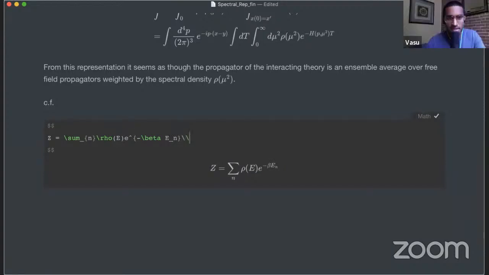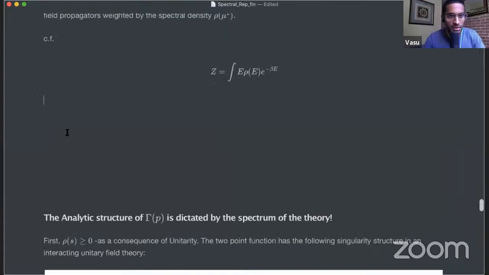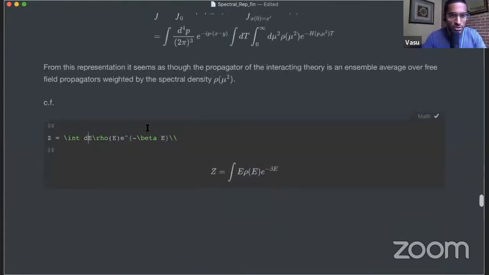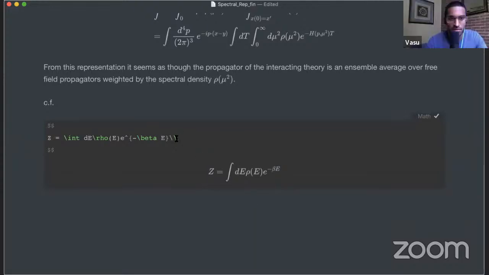So if this was literally just a discrete sum, I'm sorry, let's call it this. I really mean a sum over E. This could even be an integral, because the energy levels might be so closely split that it might even be a continuous integral, right?